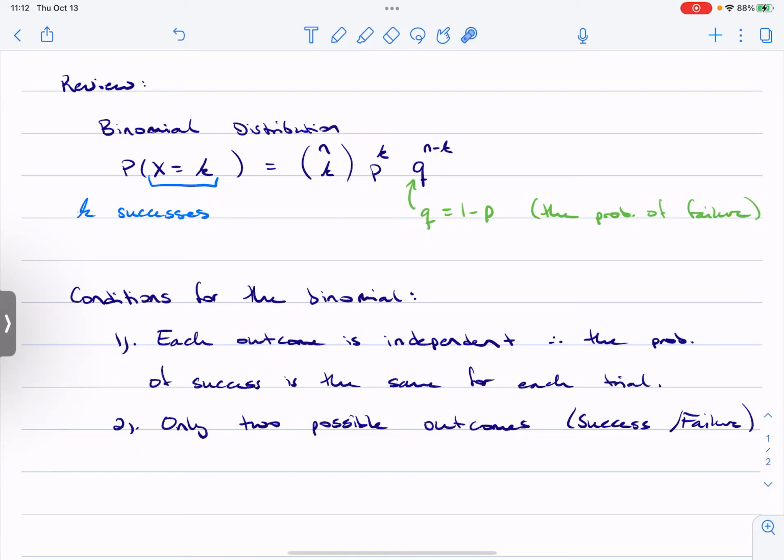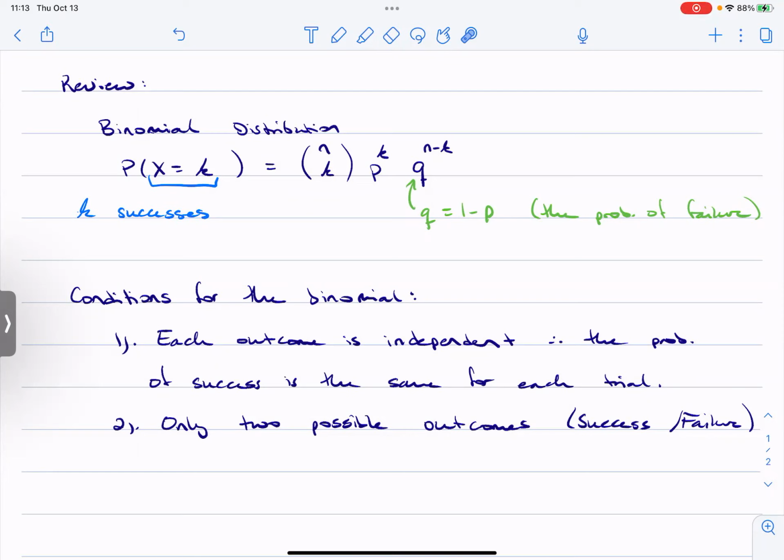Where we run into trouble is, what if I want to see in 100 trials, so I roll a die 100 times, what's the probability of at least, or let's make it easier, less than 40 ones?